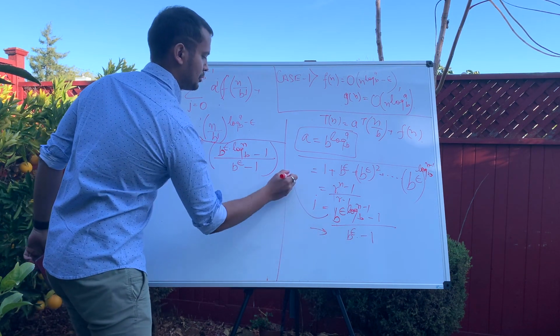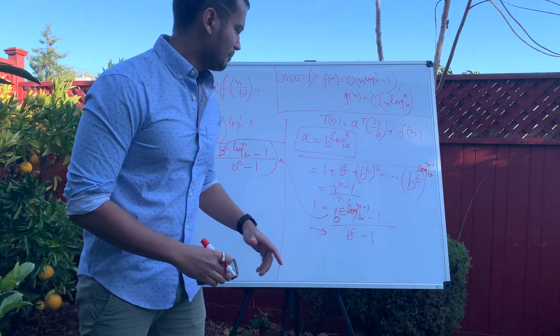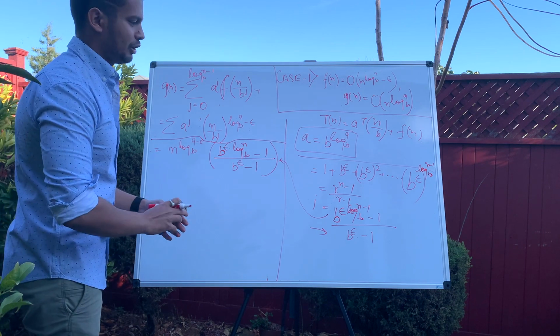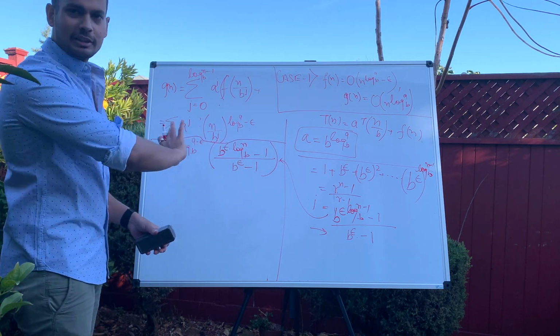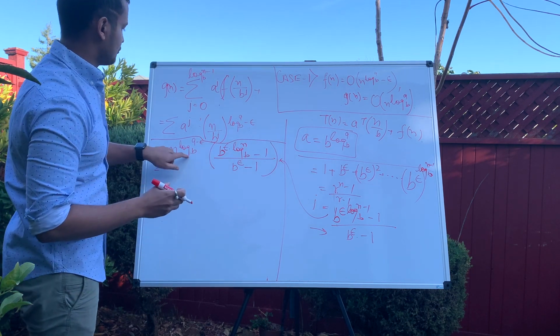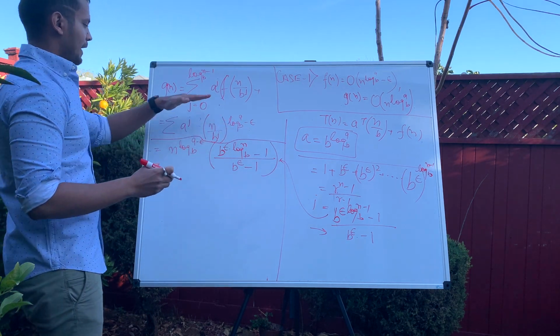From here to here, you might be wondering where this minus 1 went. I just took it off because it makes the calculations easier, and it's not significant to our series for largely n.